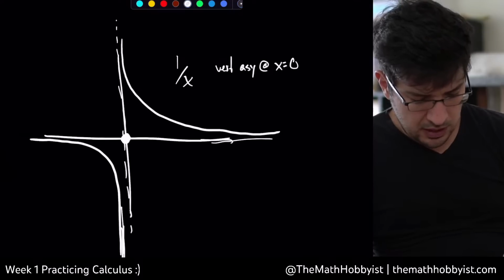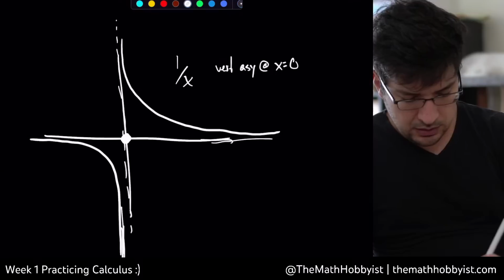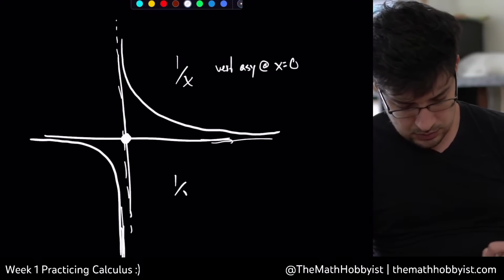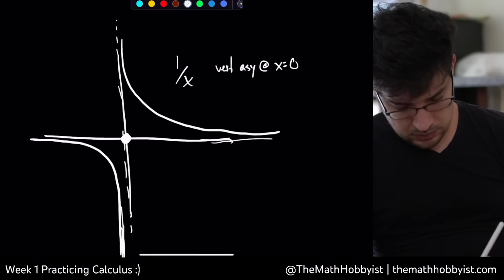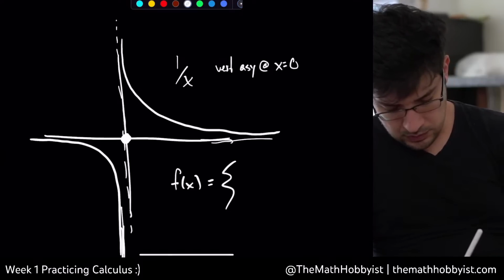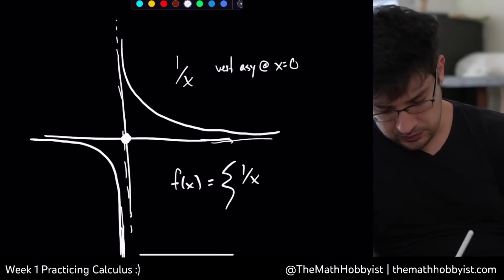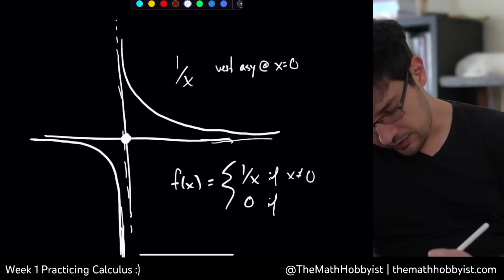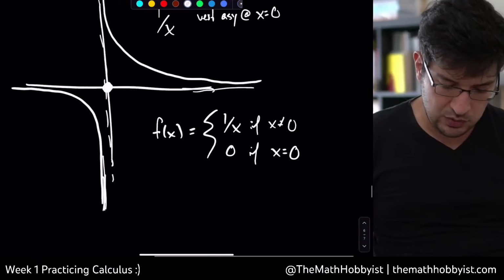This function is undefined at 0, but you can create a separate function f of x equals 1 over x if x is not 0, and you can define it piecewise as 0 if x is 0. So this just has two separate rules.